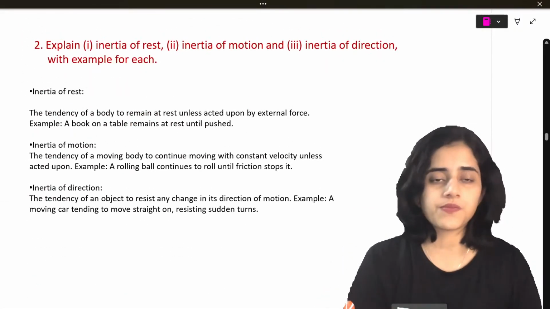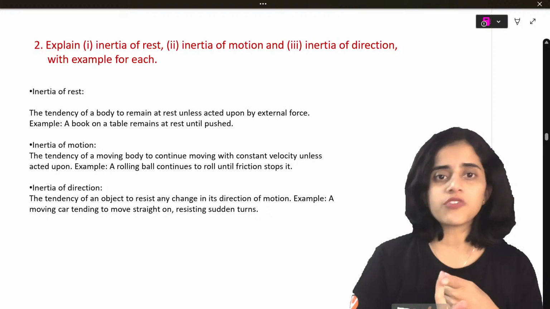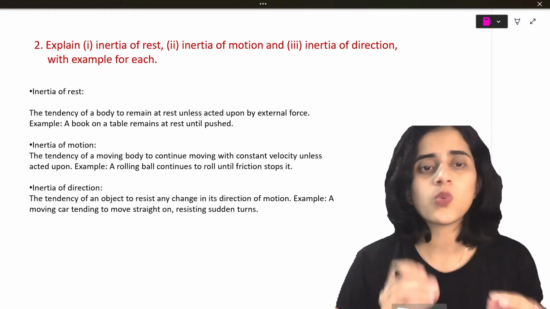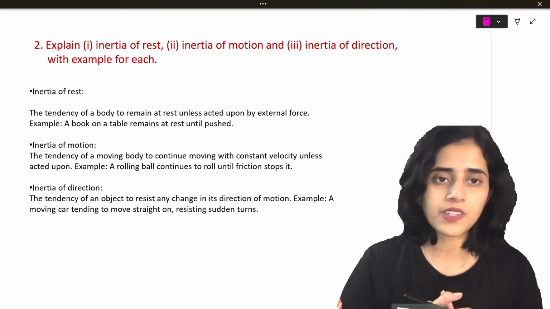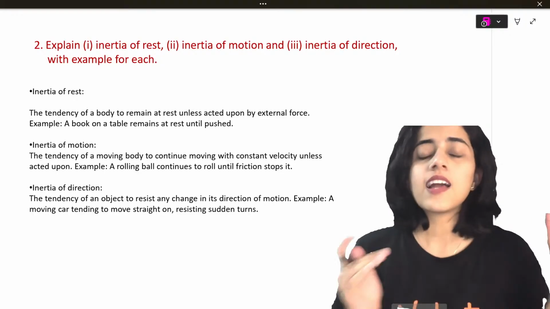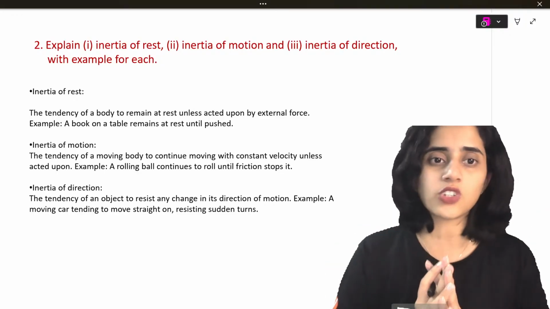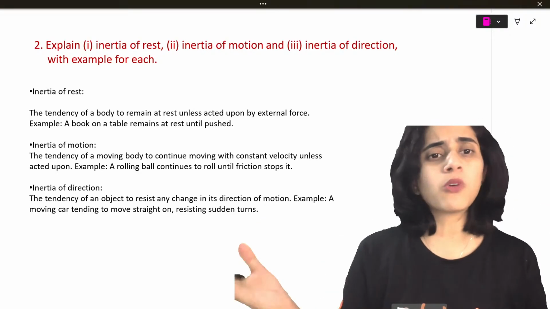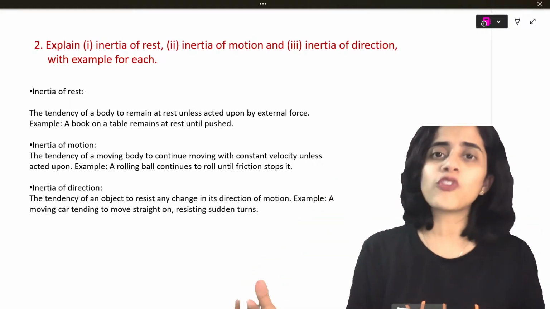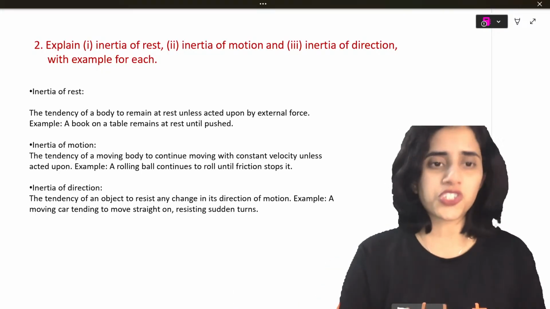Alright, next question. Explain inertia of rest, inertia of motion and inertia of direction with examples for each. First one, inertia of rest is the tendency of a body to remain at rest unless and until an external force acts on it. Simple example, a book on a table. A book on a table will remain on the table forever unless and until it is pushed.